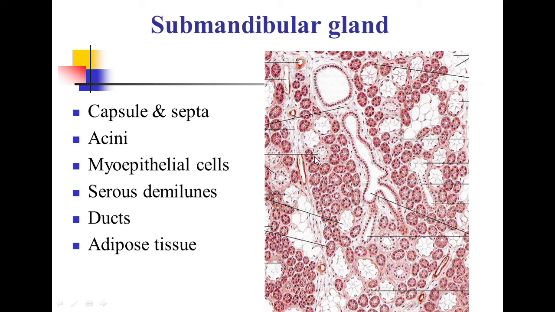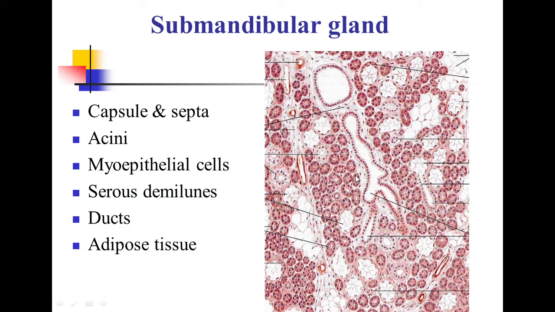Then within the lobule, you can see the intralobular ducts, and in the connective tissue septa there are interlobular ducts. Then few adipose tissue is also seen. So example of mixed salivary gland is submandibular gland.